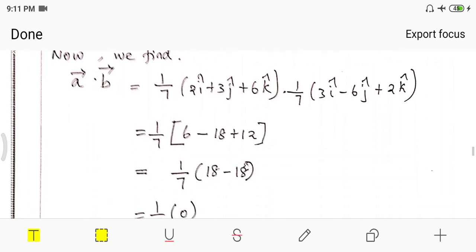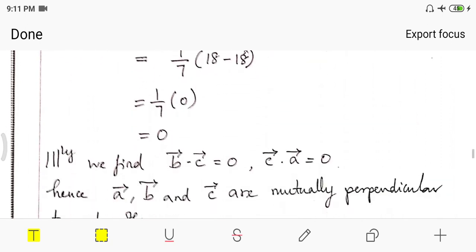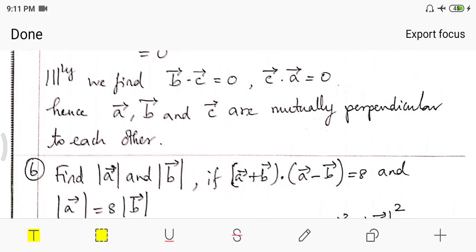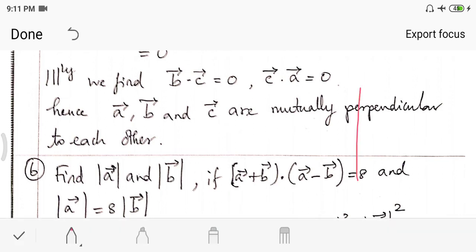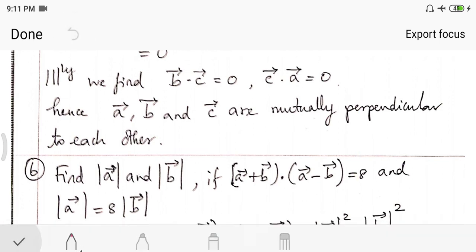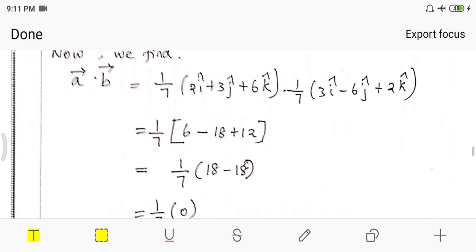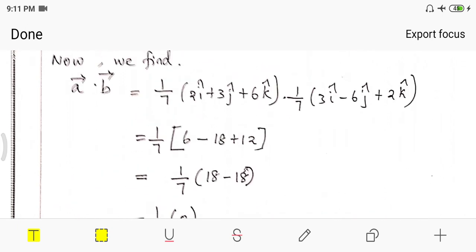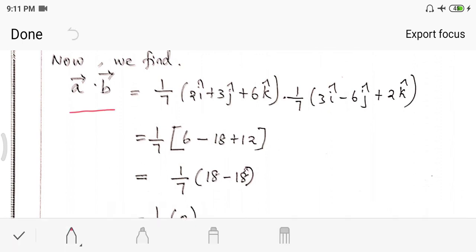Okay, finally, I don't know why they have asked to prove mutually perpendicular to each other. If it is asked in the question, then we have to go for that. Otherwise, we need not do that. So if it is asked to prove that a vector, b vector, c vector are mutually perpendicular to each other, then we can find a dot b equal to 0.